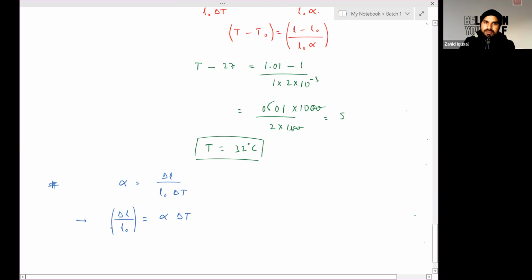And since this strain is due to change in temperature, we can write it as thermal strain.